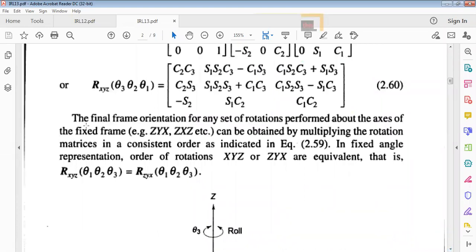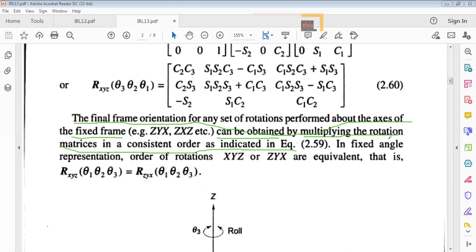Okay, so you read this paragraph. The final frame orientation for any set of rotations performed about the axes of a fixed frame can be obtained by multiplying the rotation matrices in a consistent order as indicated above.